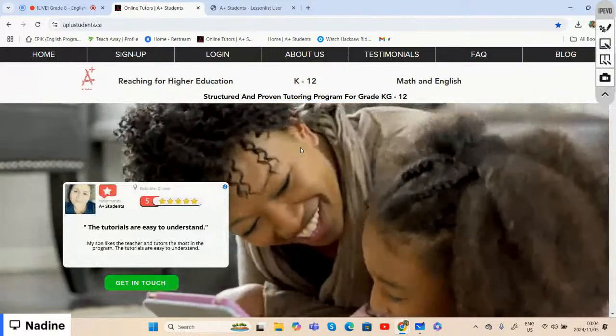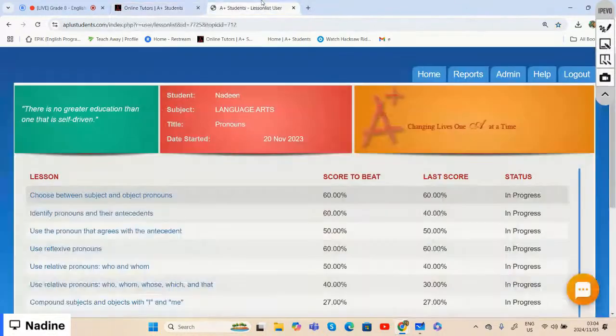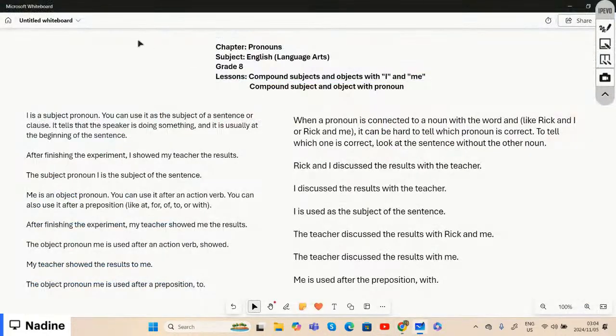And then we are going to scroll down up until we get to our chapter of pronouns. And this is still a continuation of our previous lesson on pronouns. We said our chapter is pronouns, subject is English language arts, grade 8.